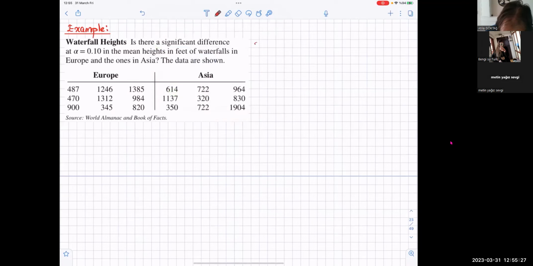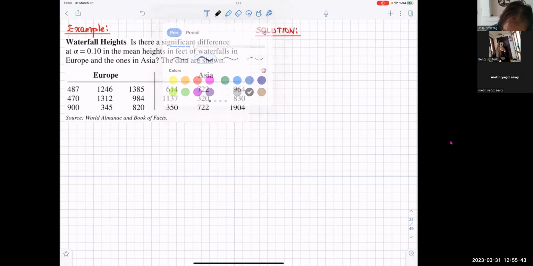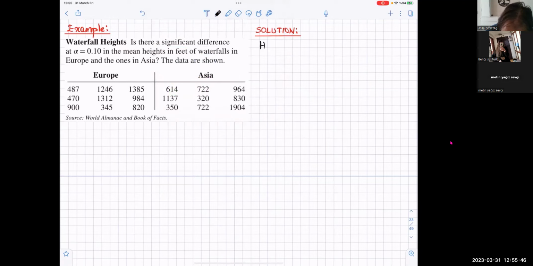Let's get the solution right here. The hypothesis we will construct would be H null: mu1 equals mu2, and the alternative: mu1 is not equal to mu2.